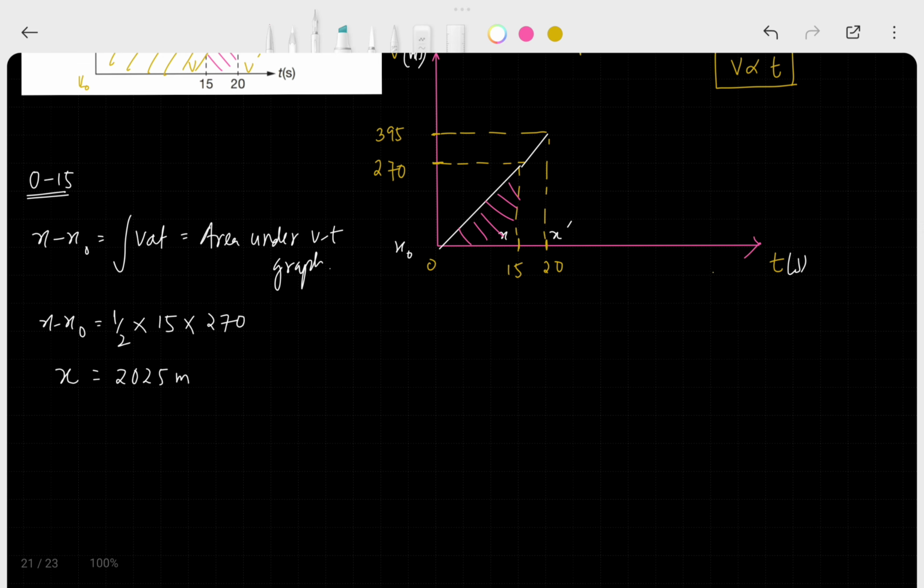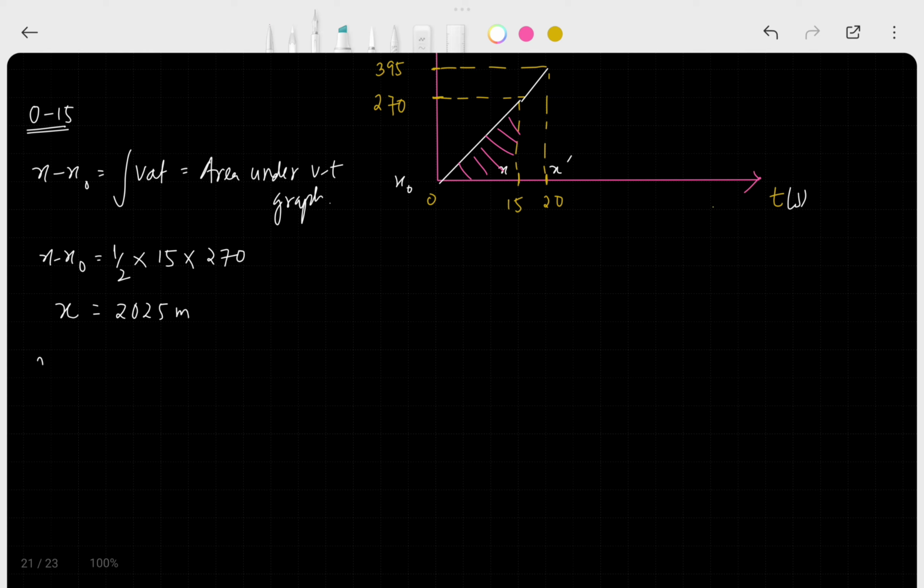Now we'll do the same for the time interval from 15 to 20 seconds. For x dash minus x, we need to find the area of this whole trapezium from 15 to 20 seconds. The area is half into the sum of its parallel sides, that is 270 plus 395, into the distance between them, that is 5.